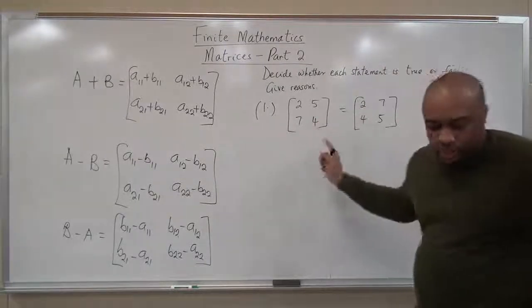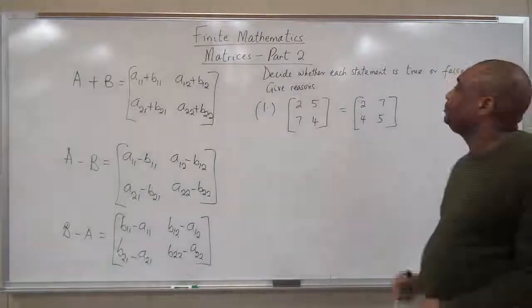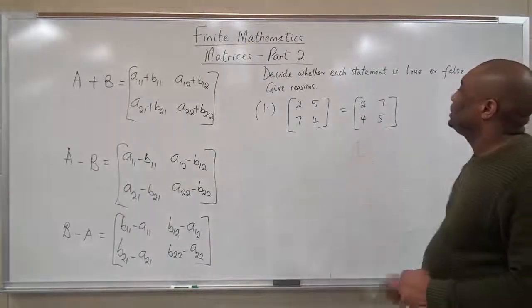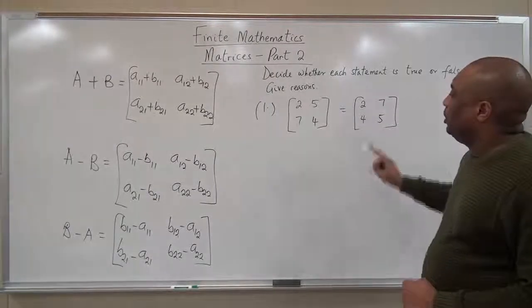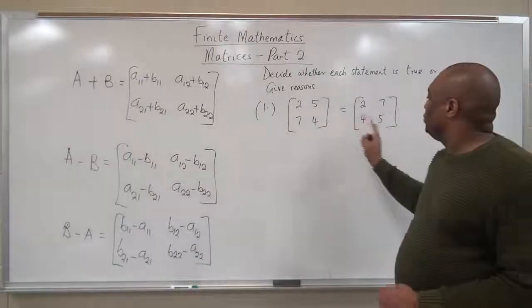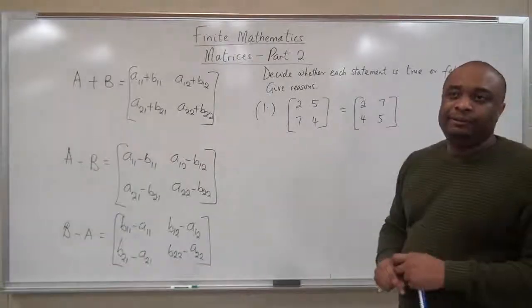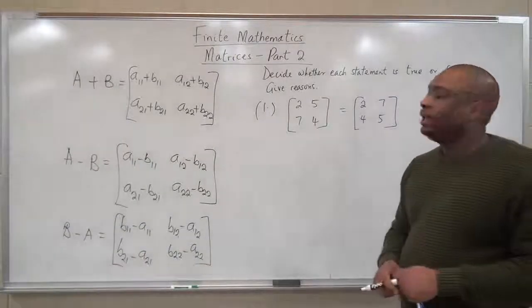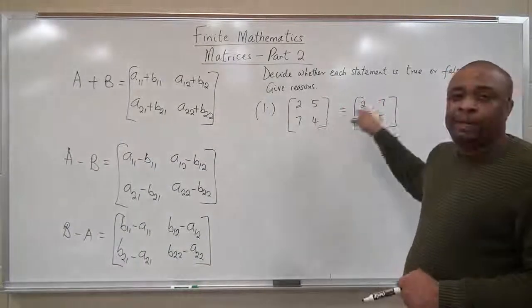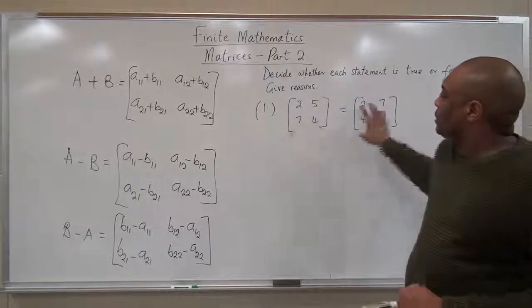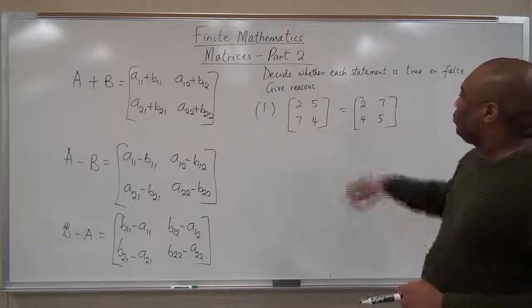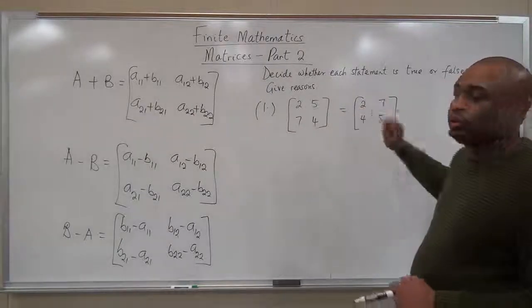Okay, is this true or false? Is it true or false that this is equal to this? They have the same size. This is 2 by 2, this is 2 by 2. So the first condition is satisfied. But their corresponding elements are not equal. Assuming this was A and this was B, A11 is equal to B11, that's fine. 2 is equal to 2.